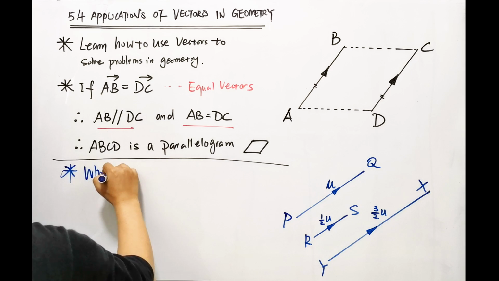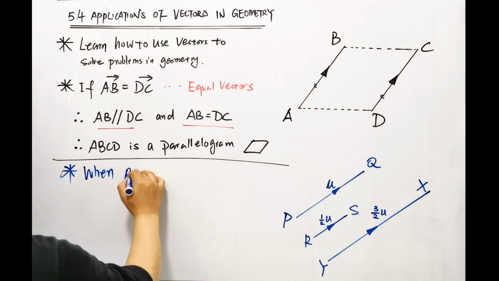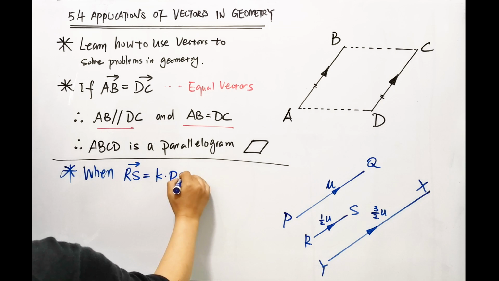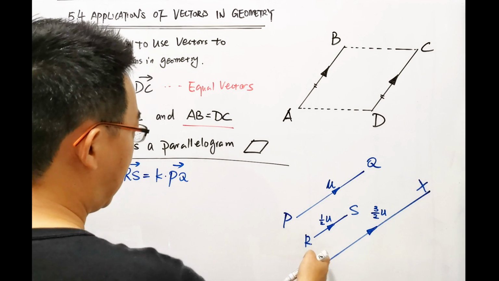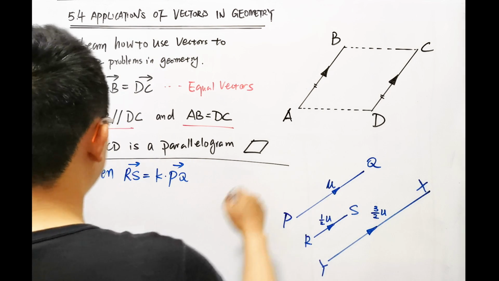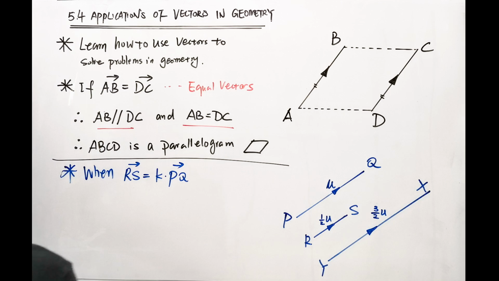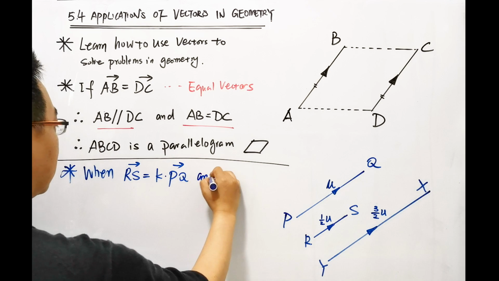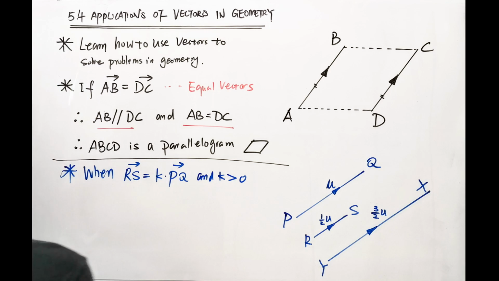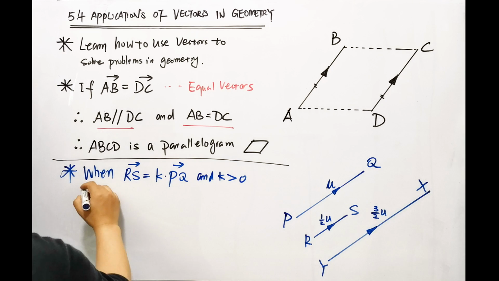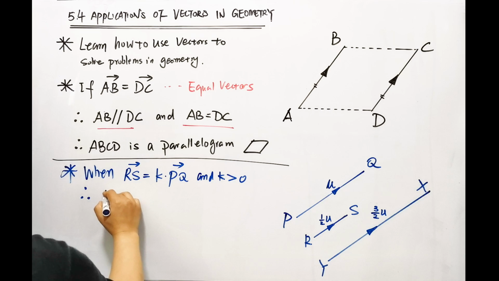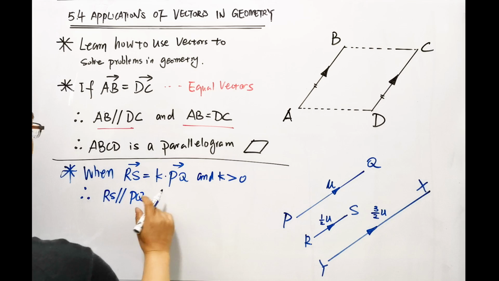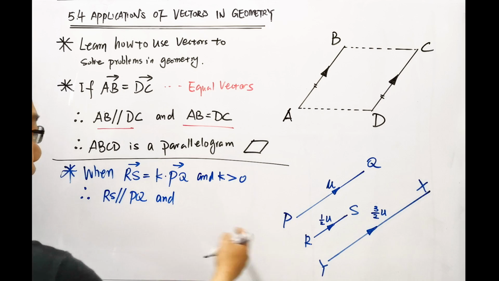When RS equals k times PQ, and k is greater than 0, we know that RS is parallel to PQ.